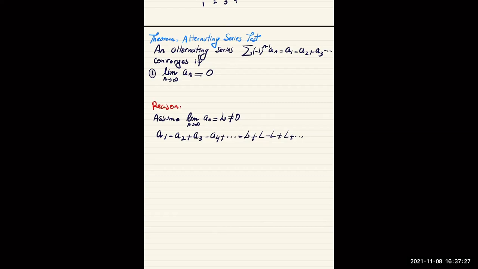Adding a negative L to L minus L plus L, this is not going to have a deterministic sum, because you can group the terms by adding the positives and negatives.